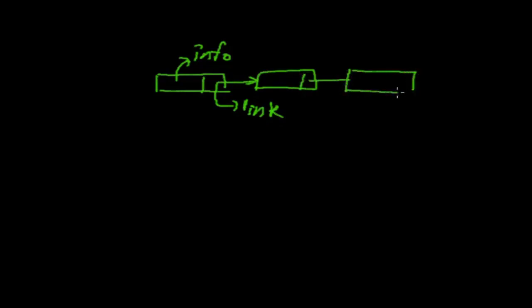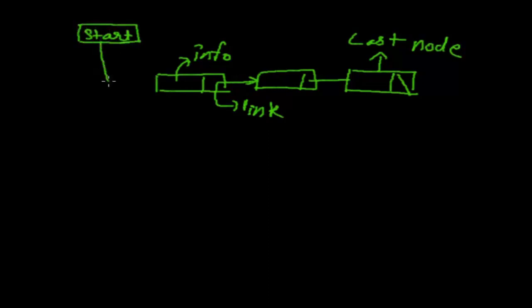And if the address part is null, it means this node is not pointing to some other node, which means this is the last node. Now, the node which points to the first node is called the start node.